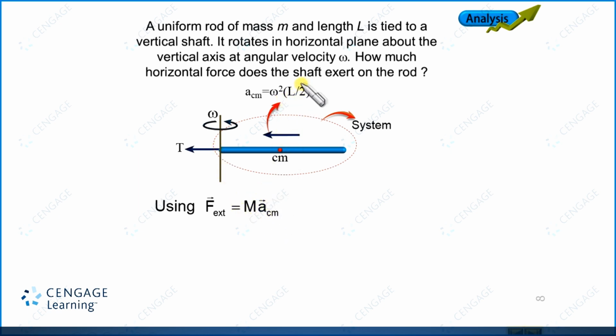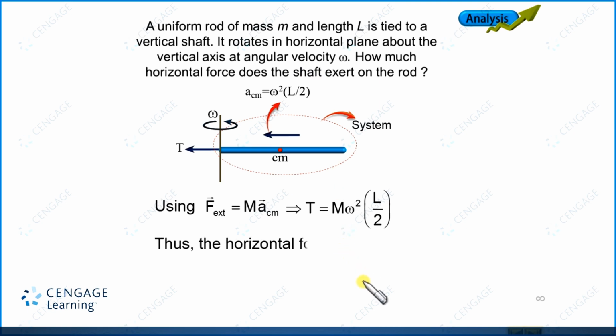Acceleration, as we discussed, is again in the leftward direction. So here we can write capital T equal to m multiplied by omega square L by 2. This is the force exerted by the shaft on the rod. Okay, this is the horizontal force, 1 by 2 m omega square L.